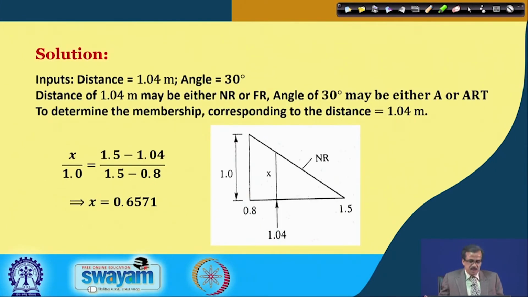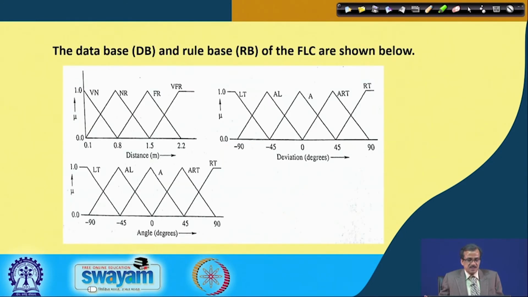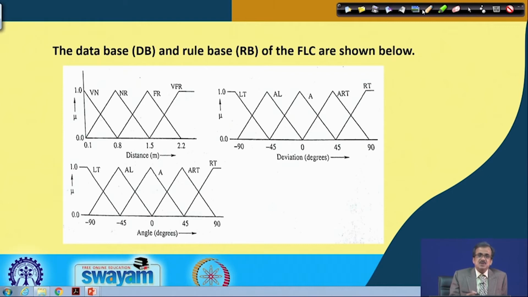Now, before I go for that, let me once again try to concentrate here. The distance is 1.04, that means I might be here. Let me just draw here. This is my 1.04 meter distance, and the angle input was 30, so I might be here.